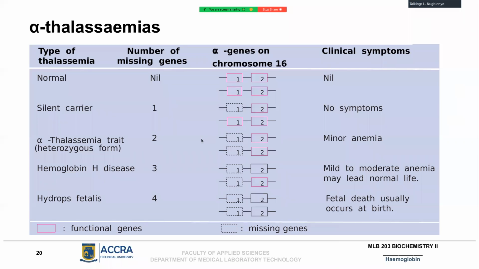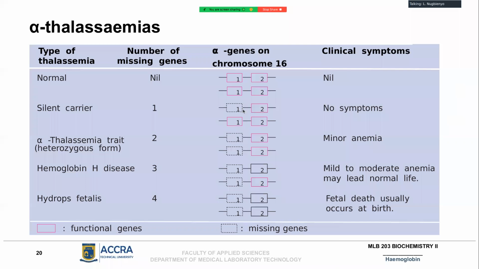So for a normal person, you see that these alpha genes are on chromosome 16. So chromosome 16 is having these normal genes, all of them functional. There is no clinical symptom. For some that are silent carriers, you have just maybe one gene that is missing.